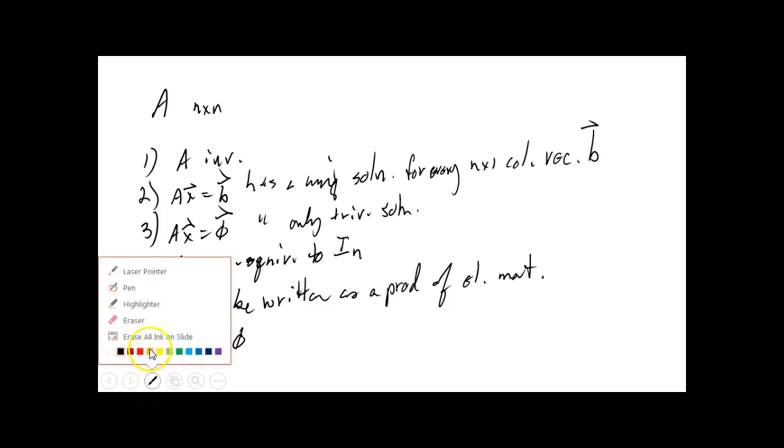All right, let's move on to example 5. Which of the systems has a unique solution? Okay. Here is 2x2 minus x3 equals minus 1. 3x1 minus 2x2 plus x3 is equal to 4.